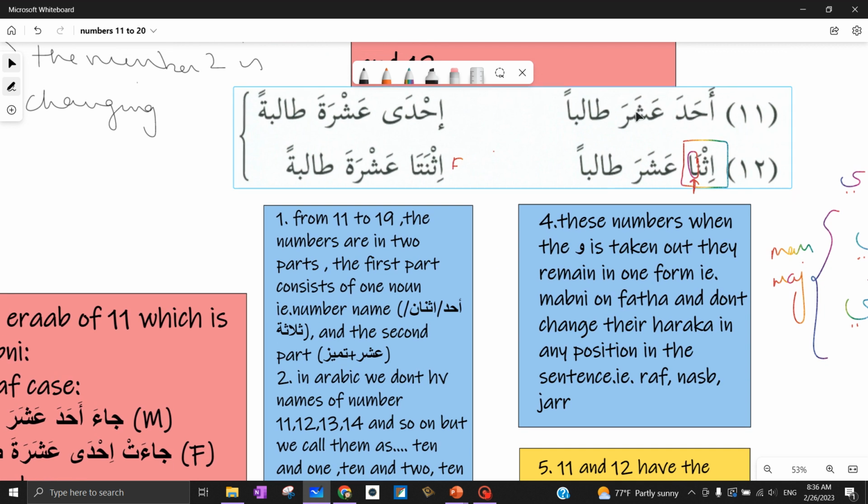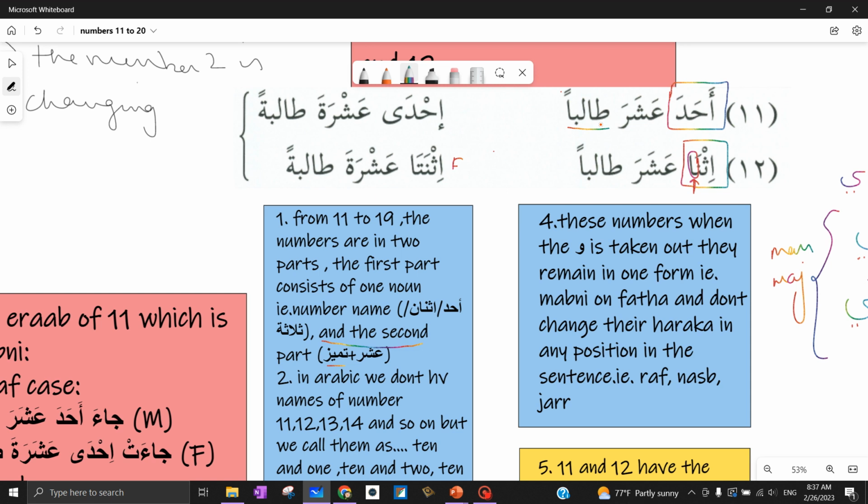The first part is the number, and the first part consists of one noun, that is the number name: ahada, ithna, ithnan, thalatha, arba. What is the second part? The second part is ashara and tamiz. Tamiz means the counted nouns. From 11 to 99, the counted nouns will be called tamiz.